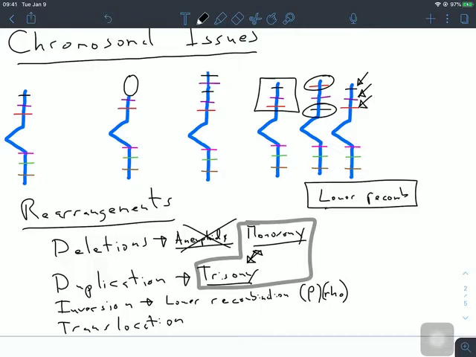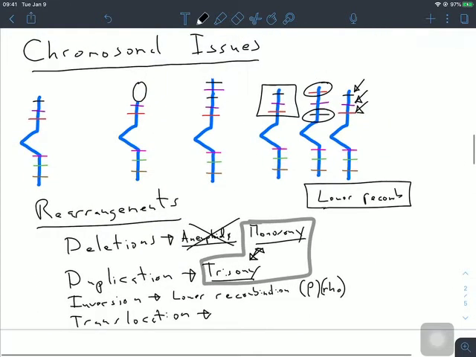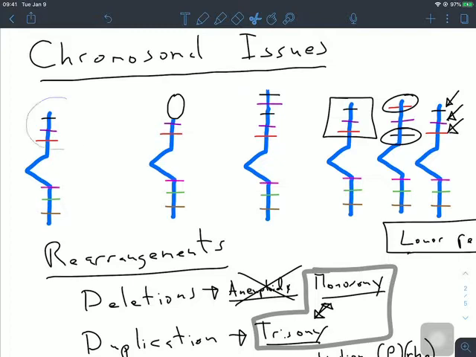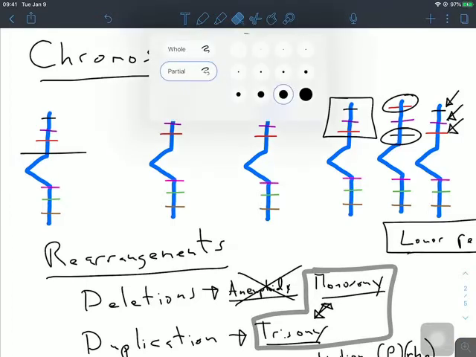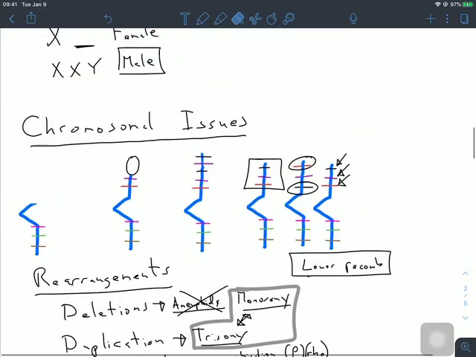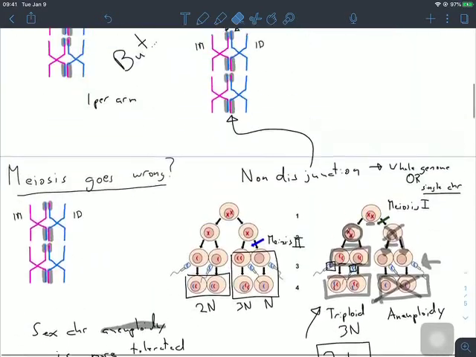Now, a translocation will again not affect ploidy, does not result in aneuploidy, but it will again change recombination and ultimately change genome architecture. Because in a translocation, a whole piece of a chromosome, like the top half of the chromosome, might lop off. You just get deleted here, and you might get stitched on to another chromosome.